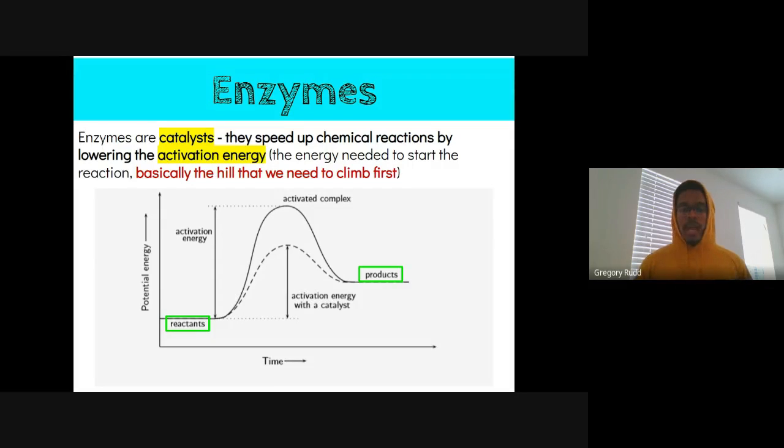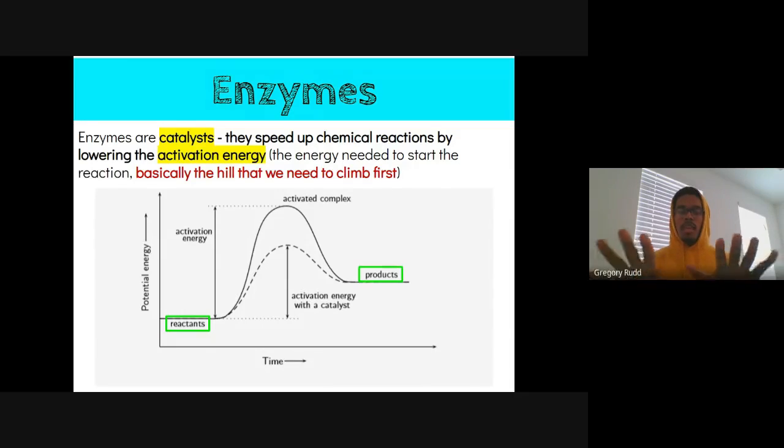And we have chemical reactions taking place in our bodies constantly that keep us alive. But the thing about these chemical reactions is that they require energy to get started. Most chemical reactions are not spontaneous, which means that they don't just happen automatically.